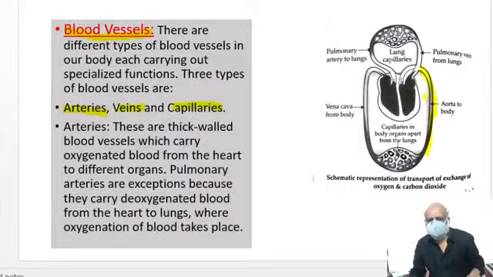Which carry oxygenated blood throughout the body this way.